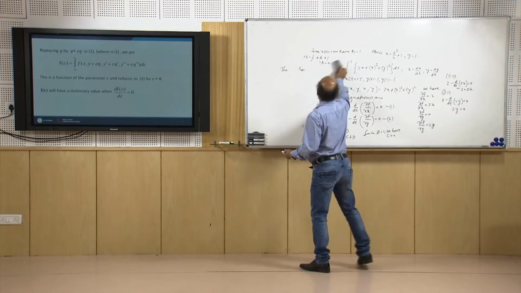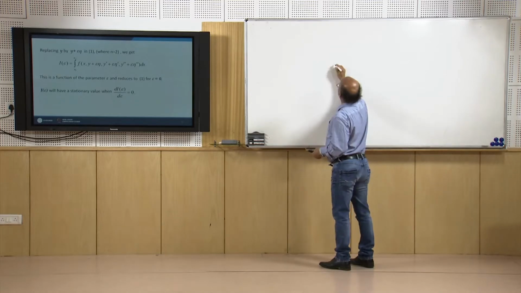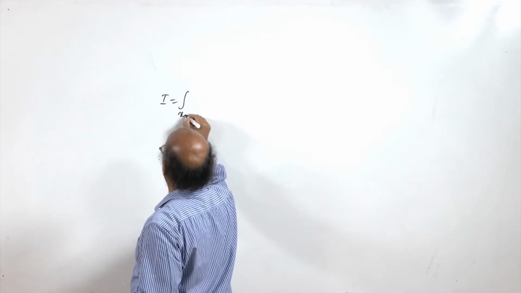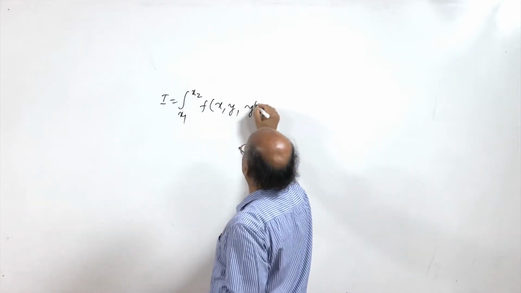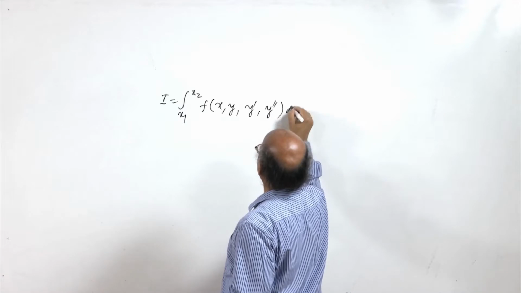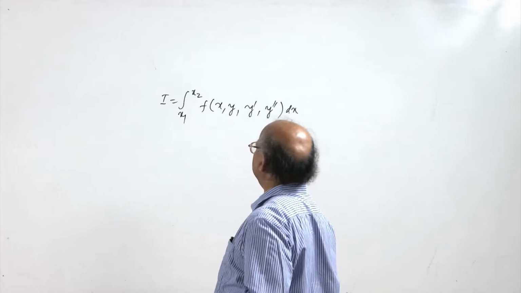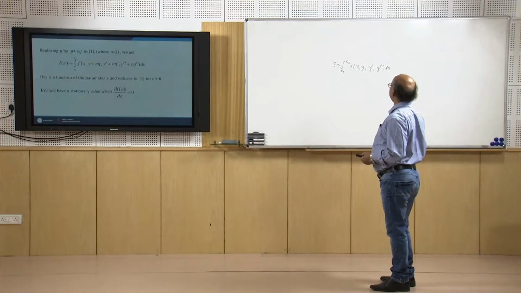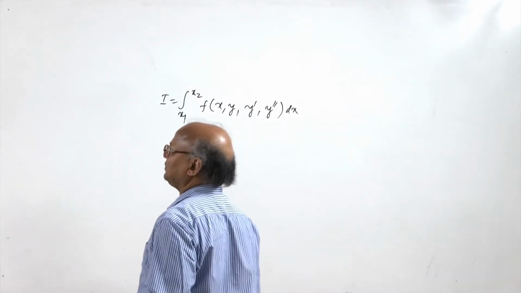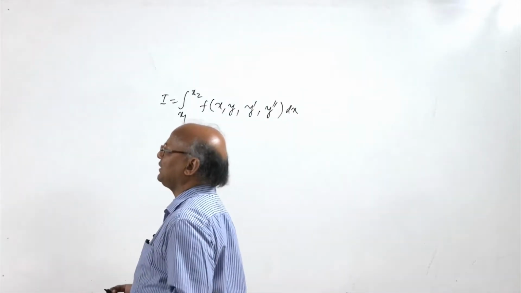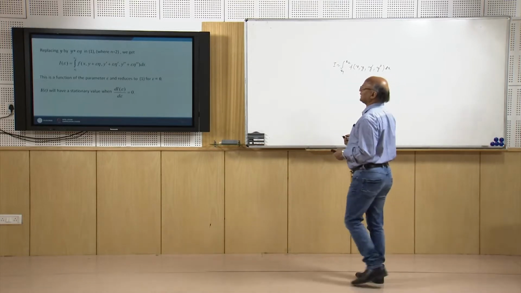So then for the case n equal to 2 we have the functional I, the integral from x1 to x2 of F(x, y, y dash, y double dash). Let us replace y by y plus epsilon eta, y dash by y dash plus epsilon eta dash, y double dash by y double dash plus epsilon eta double dash.